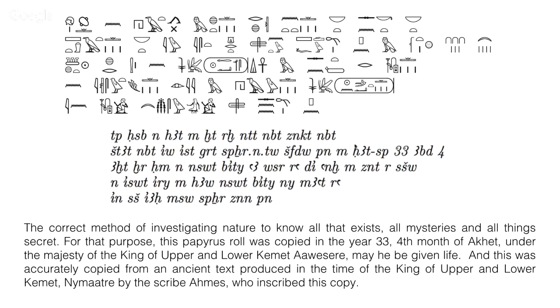So we have Hatsep, which is regnal year, 33, Abed, which is month, fourth month of Akhet, the season of Akhet, which is the season of inundation, to let you know. Then we have Khur, which is under, Hem, which is the majesty of, Nisud Biti, which is the king of Upper and Lower Kemet, Wesera, Diunk, may he be given life.